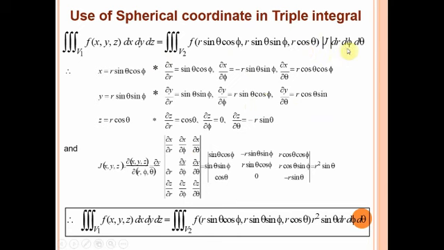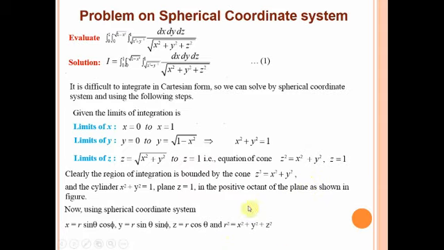And the value of the Jacobian is equal to r square sin theta, so this r square sin theta can be put over here. So we get the resultant spherical triple integration: the function in r sin theta cos phi, r sin theta sin phi, r cos theta, and then r square sin theta dr dphi dtheta. So this will be the total function.